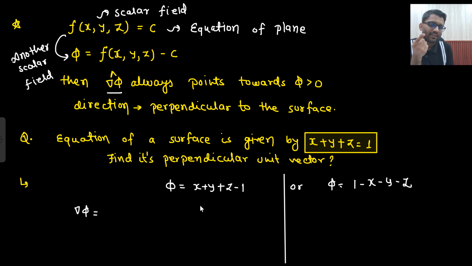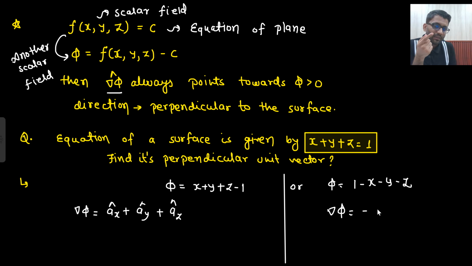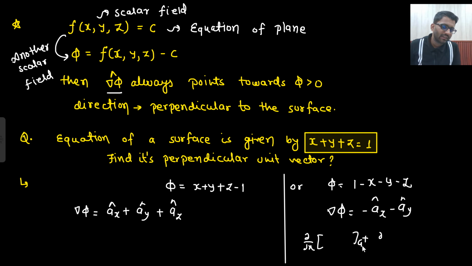Del by del x, y, z. So 1 ax cap plus 1 ay cap plus 1 az cap. Here what am I going to get? Minus ax cap minus ay cap. What I am doing is del by del x of this function, then ax cap, then del by del y of this function, ay cap, then del by del z of this function, az cap.